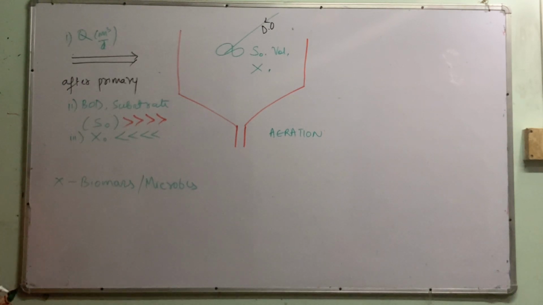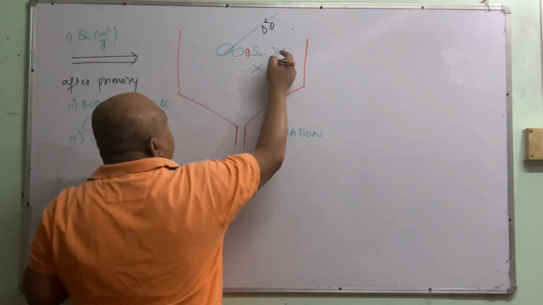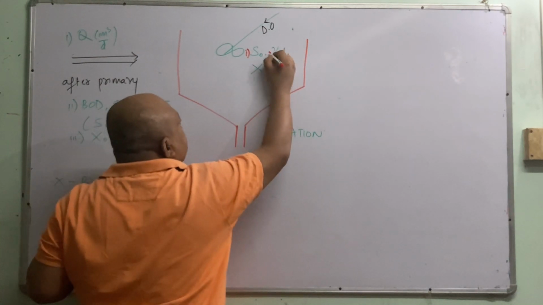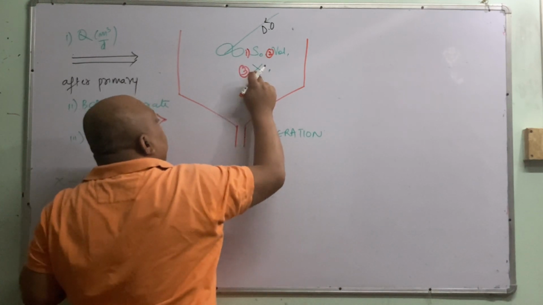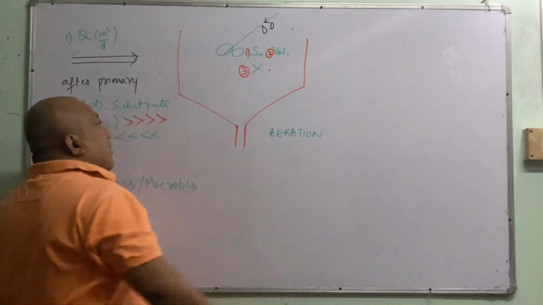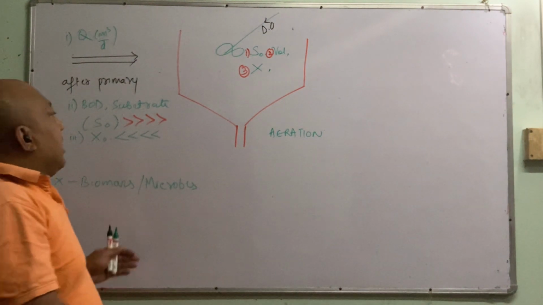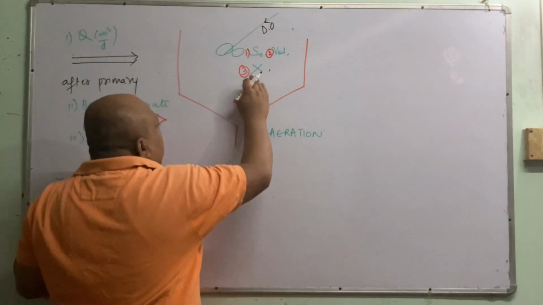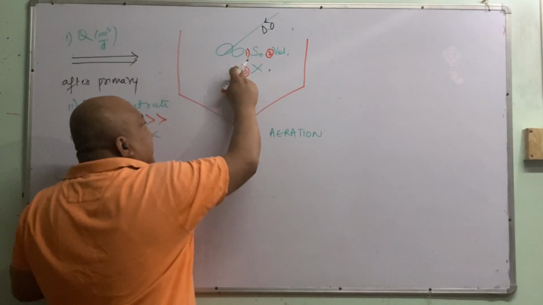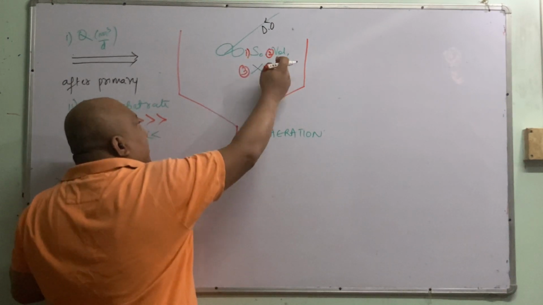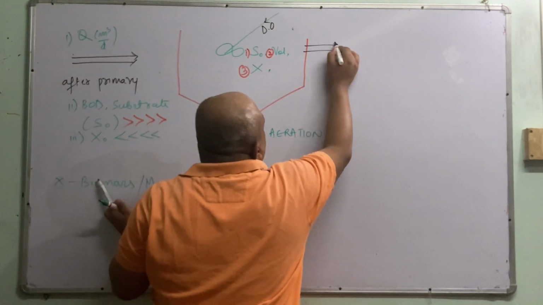Okay, so we have 3 parameters. Number 1 is the initial BOD that is designed inside the ASP reactor, and finally the biomass is increased. Now, after that, the water is treated, all the biomass is increasing, the population is increasing, the S will be reduced, and the treated water goes out here.